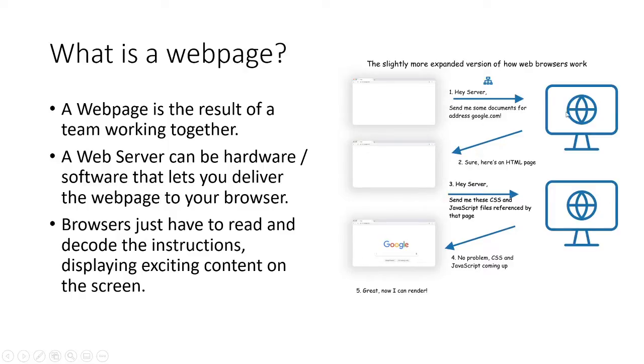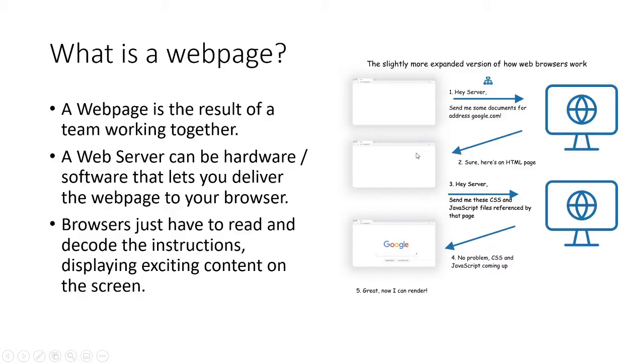The request goes through to the server, and the server looks inside and says, oh yeah, I have a list of files here: an HTML file, a CSS file, a JavaScript file. So it goes to the HTML file and says, sure, here is an HTML page.